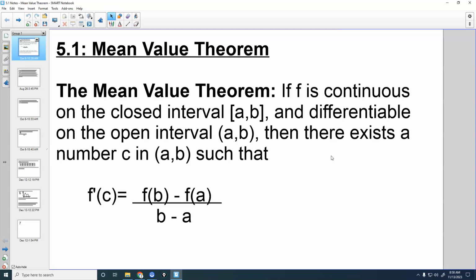This is similar to the intermediate value theorem and is sometimes easy to confuse with it. It is different.